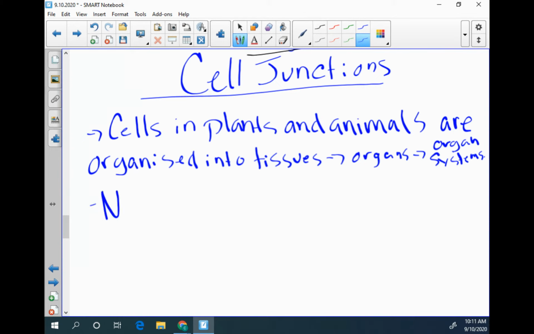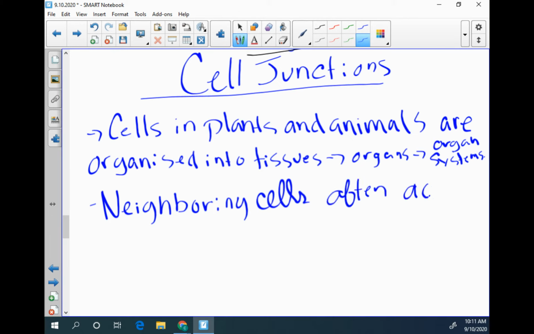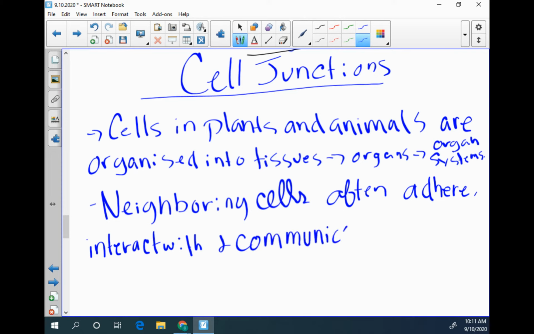Neighboring cells often adhere, interact with, and communicate with cells via sites of direct contact.